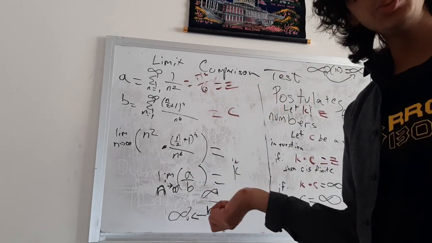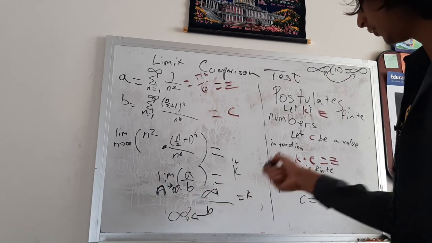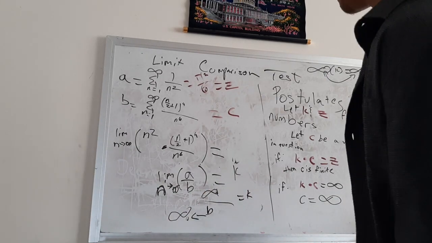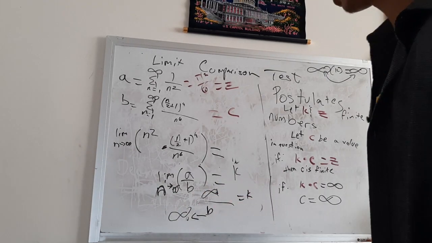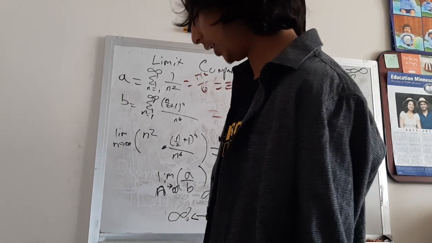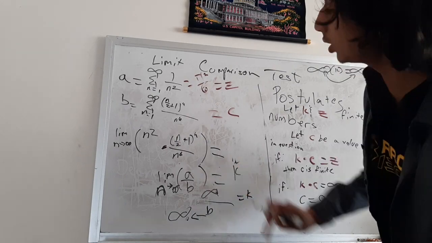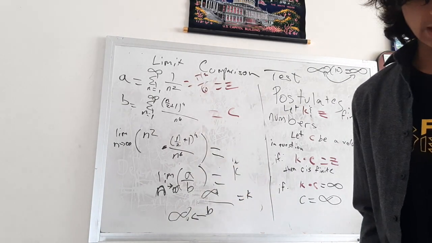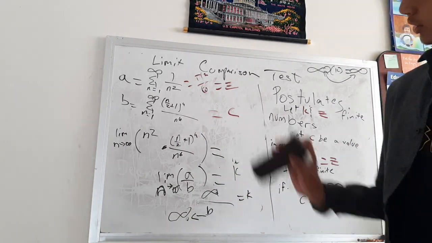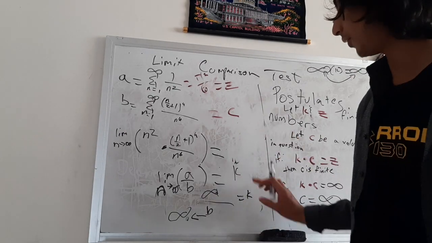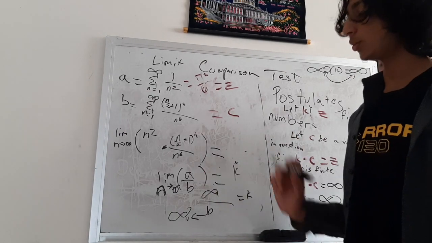Actually, you do that in L'Hopital's rule. It's just that these infinities are different from each other by a factor of k. So if you know one of them diverges and you don't know the other one, and then you do the comparison test and you get a finite value, you say that the other one diverges too.